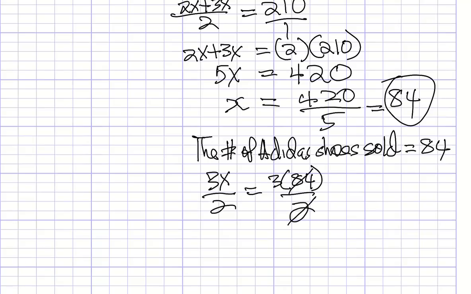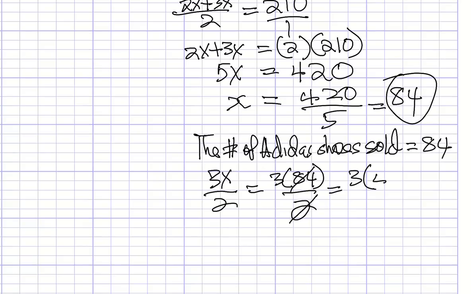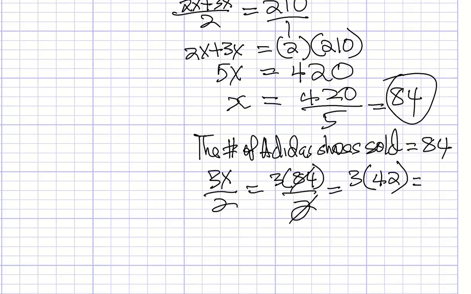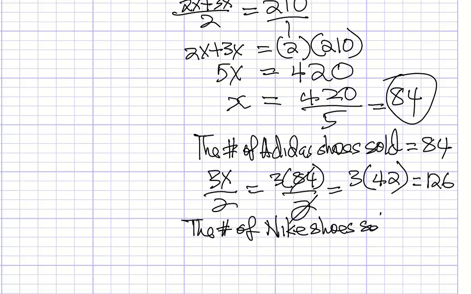This will cancel out, and you get 3 times 42, which gives you 126. So the number of Nike shoes sold that day is 126. That's what that means.